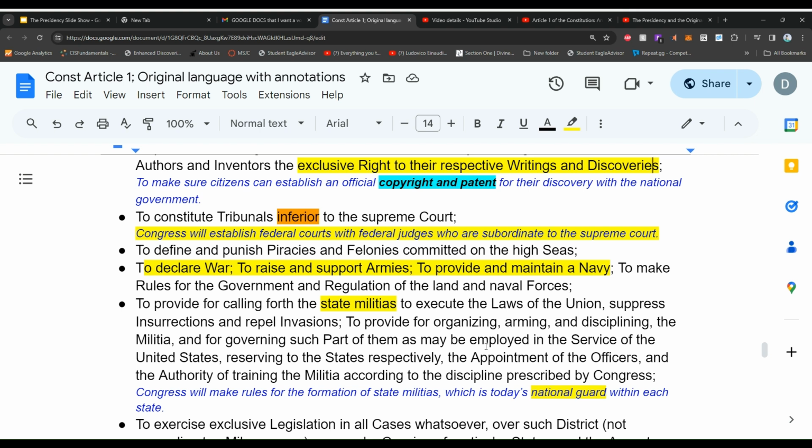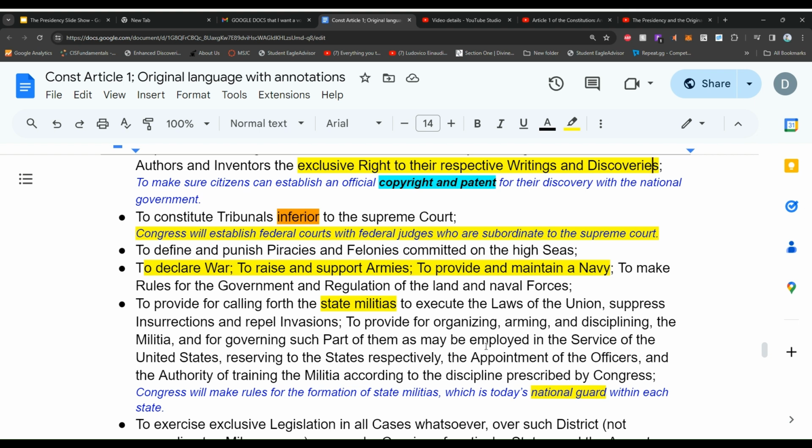What it means to constitute tribunals inferior to the Supreme Court is other federal or national courts that are underneath the direction of the Supreme Court. And they hear lots of cases that come from the states that want to go to the Supreme Court, but they first have to go to a court below the Supreme Court, which is a federal appeals court. We'll learn more about that when we study the court system.